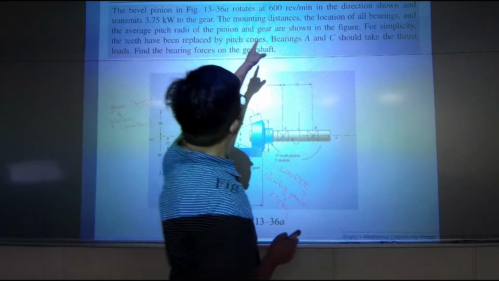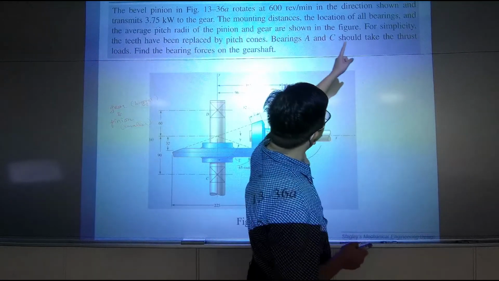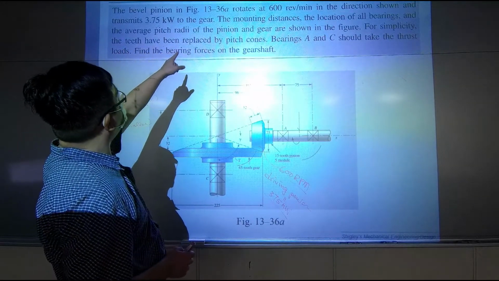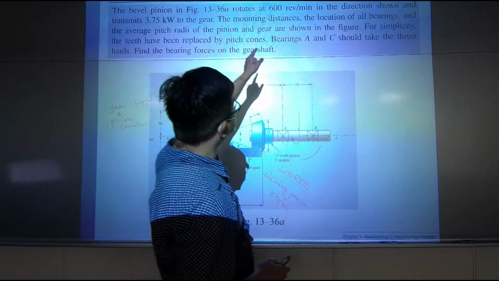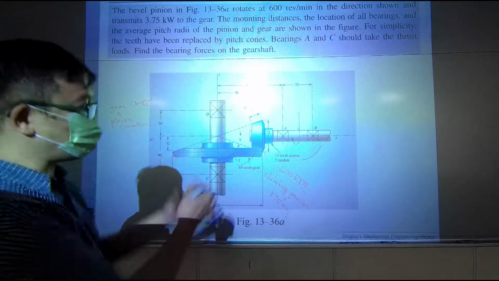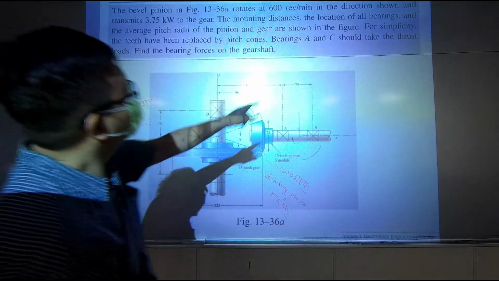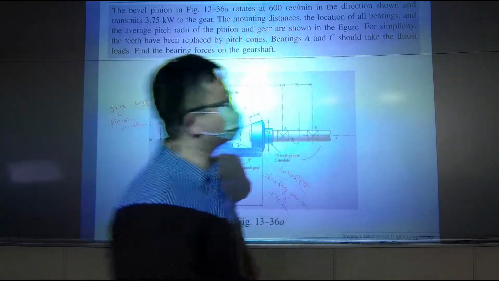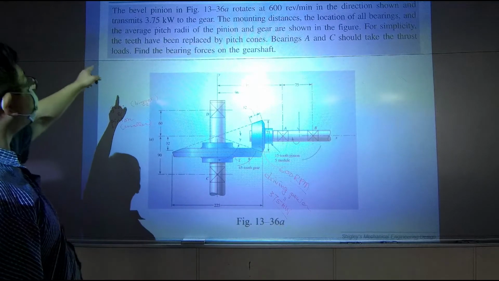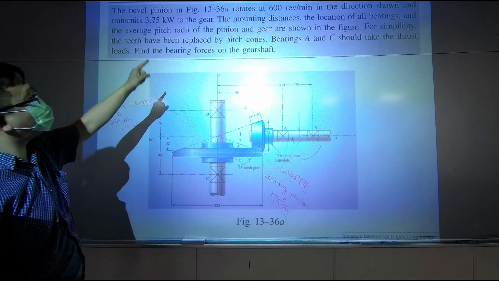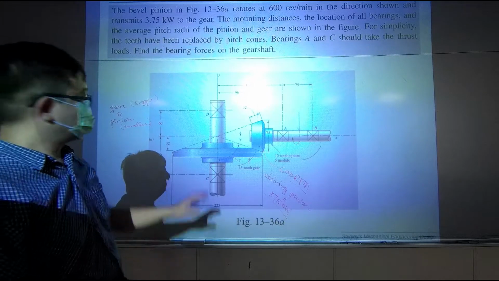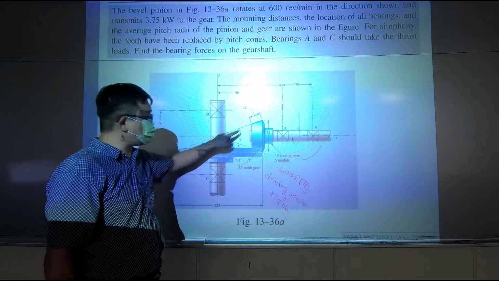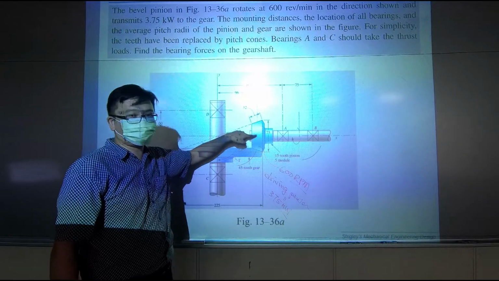The mounting distance, the location of all bearings, and the average pitch radii of the pinion and gear are shown in the figure. So basically all dimensions are shown in the figure. For simplicity, the teeth have been replaced by pitch cones. That means when they draw the bevel gear, they don't draw that 3D structure.